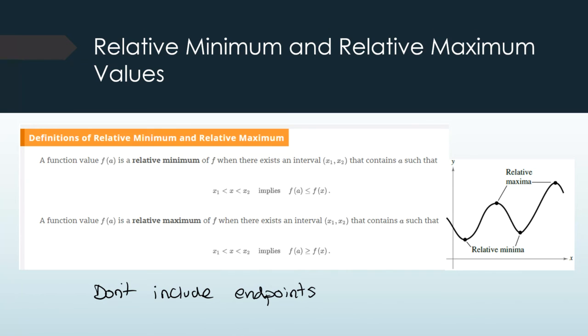Relative minimums are the low points, and maximums are the high points. You can have more than one low point and more than one high point. A relative just means it's the highest or lowest part in its area. If it asks for an absolute, that would mean the highest one and the lowest one. But relative just means it's a peak or a trough, the low or high point in the general area of the function.